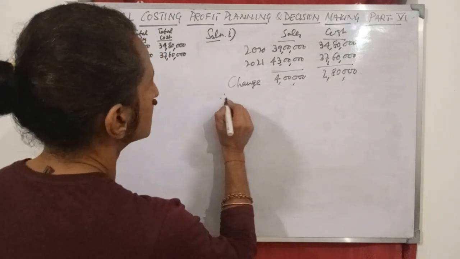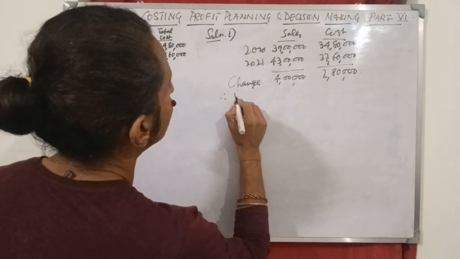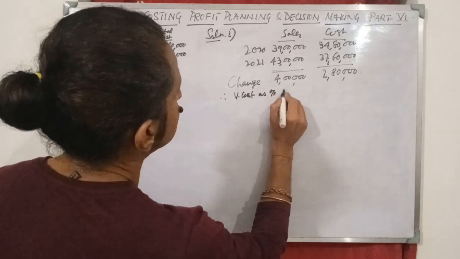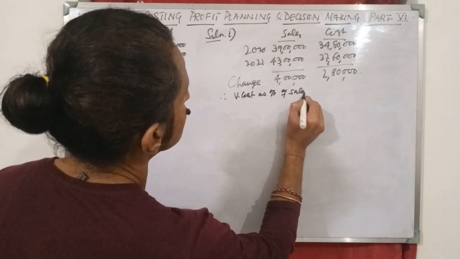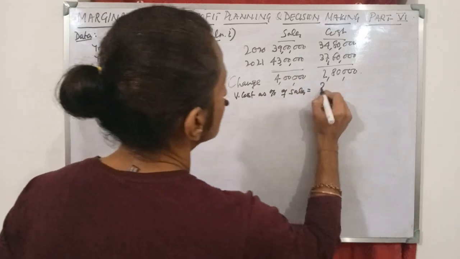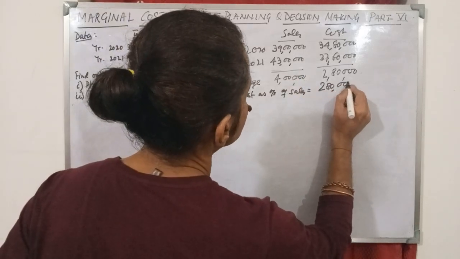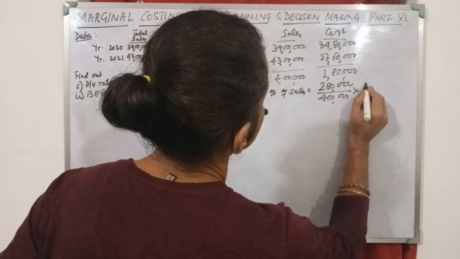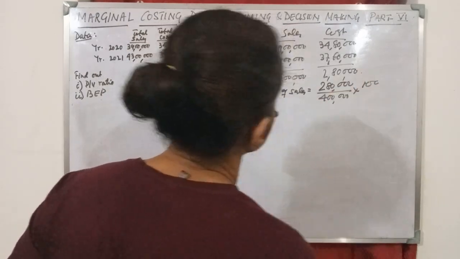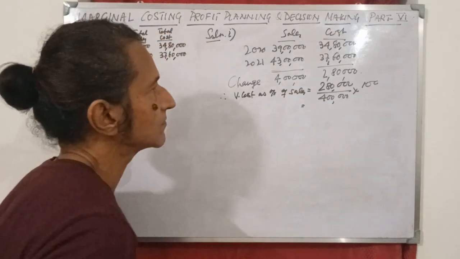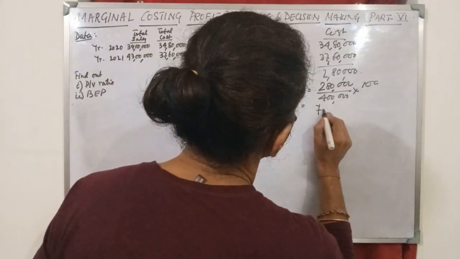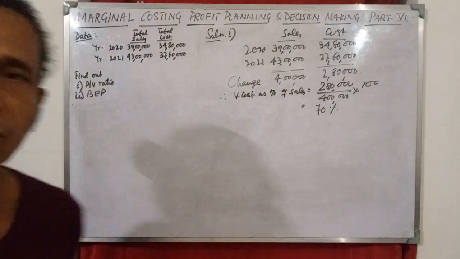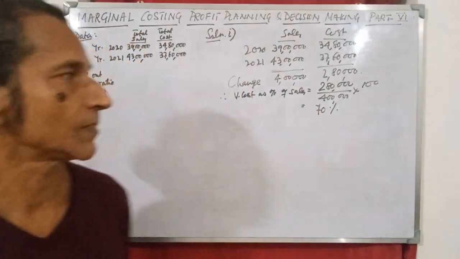Therefore, variable cost as percentage of sales is equal to 280,000 divided by 400,000, that is 70%. So variable cost is 70% of sales.